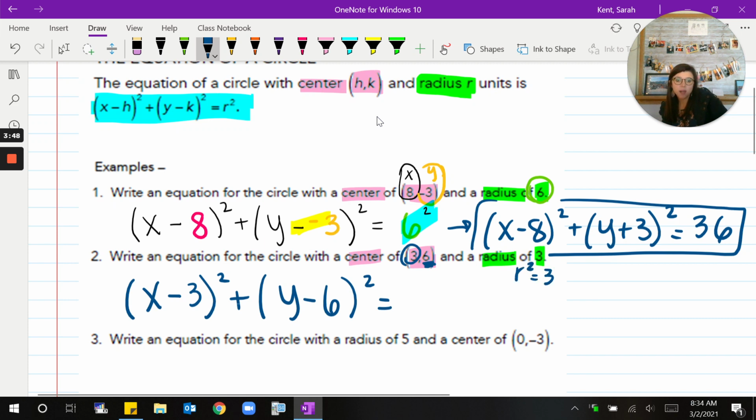So r squared is going to be 3 squared, which is 3 times 3, which gets us 9. So it equals 9. And that's all. Here there's no minus and negative, so we are good to be finished.